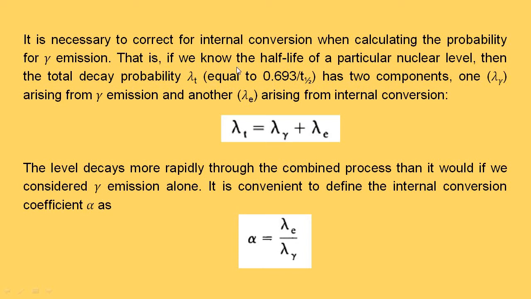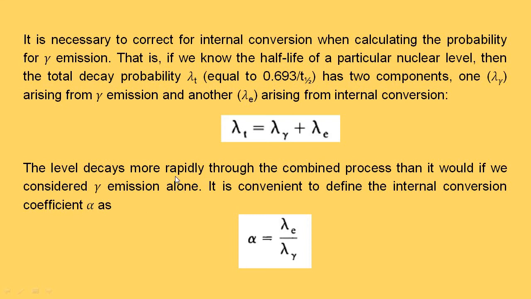That is, if we know the half-life of a particular nuclear level, then the total decay probability lambda t, which you normally write as 0.693 by t half, has two components, one lambda gamma arising from gamma emission and another lambda e arising from internal conversion. So you write lambda t as lambda gamma plus lambda e.